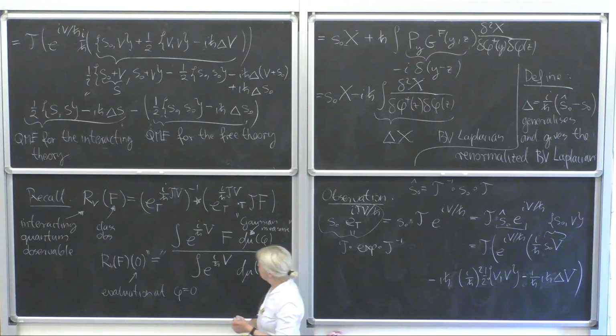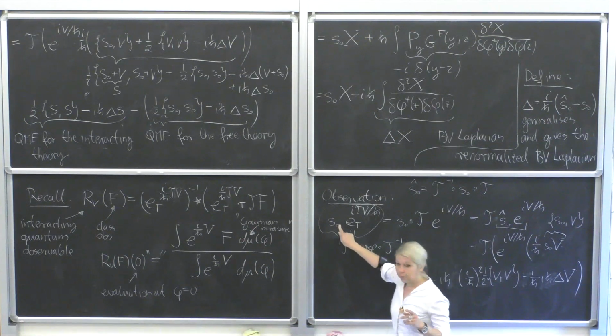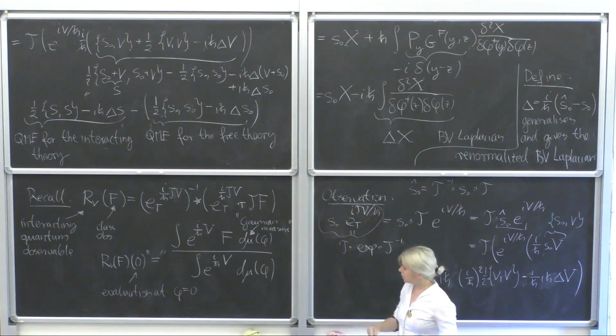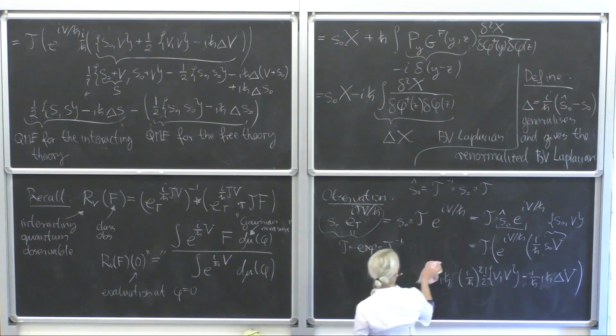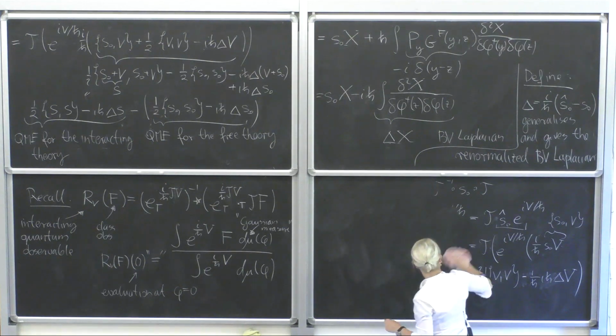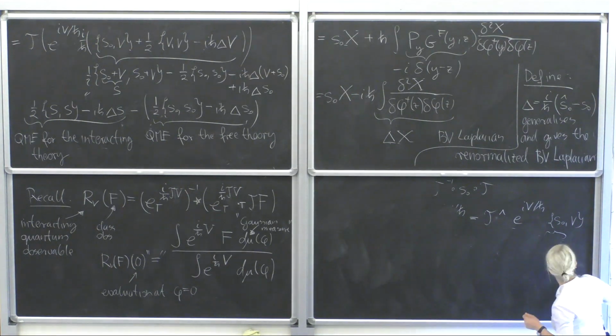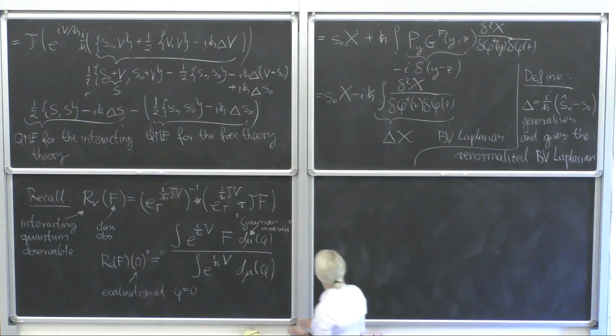This is the formula of Bogolyubov, and I'm going to use it to further deform my S0. So now I want to get the interacting BV differential. So I'm going to use R_V for a good cause.